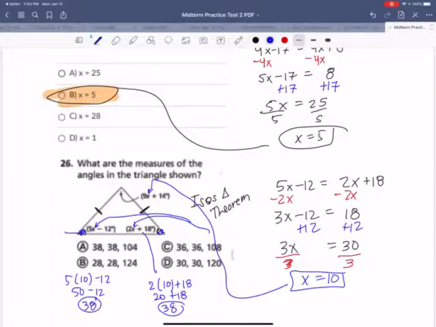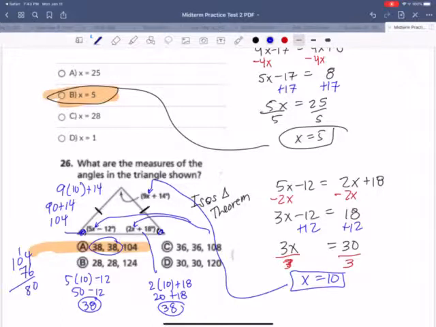And this last one, 9 times 10 plus 14. 90 plus 14 is 104. Let's look for our answer. There it is. We could also add those up and double check they should add up to 180. So 38 and 38 is 76, and 104 plus 76 is, yep, you guessed it, 180.